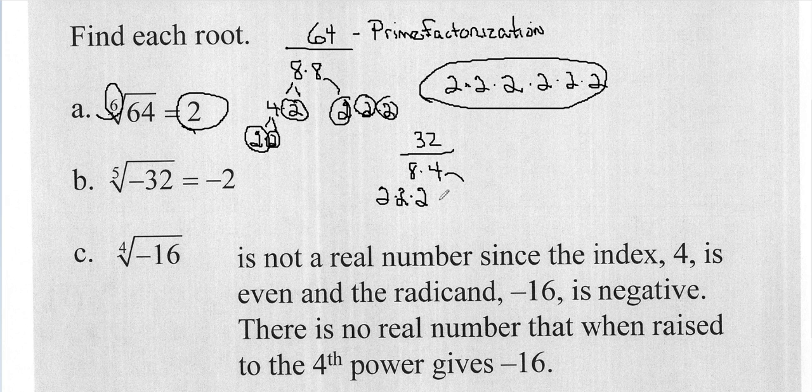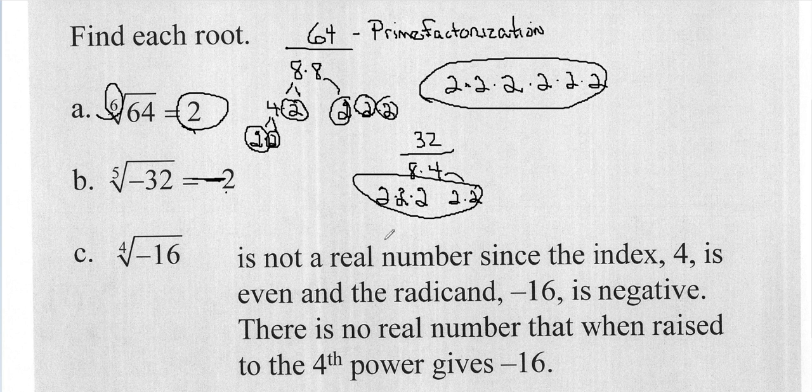And now I'm going to do the 4, which is 2 more 2's. So here I have 3 and 2 is 5 2's. My index number happens to be 5. So that means for every 5 2's, you take out 1. And there it is. And remember, it's negative 32, so it's okay to make that negative 2 as well.